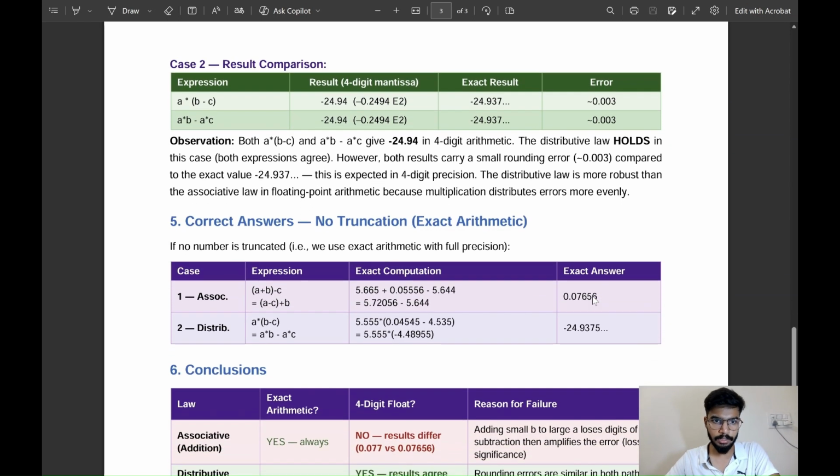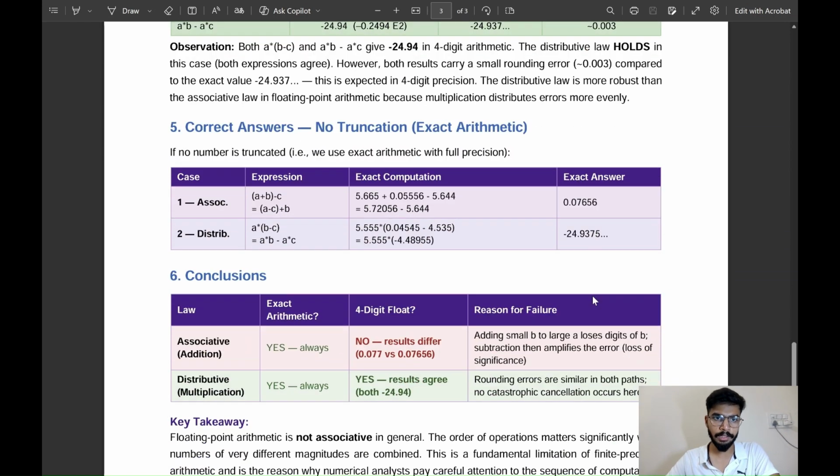Next, moving forward, our correct answer with no truncation uses exact arithmetic. If no number is truncated, we use exact arithmetic with full precision. Case 1 and case 2 you can see here, the expression, the exact computation, and the exact answer.